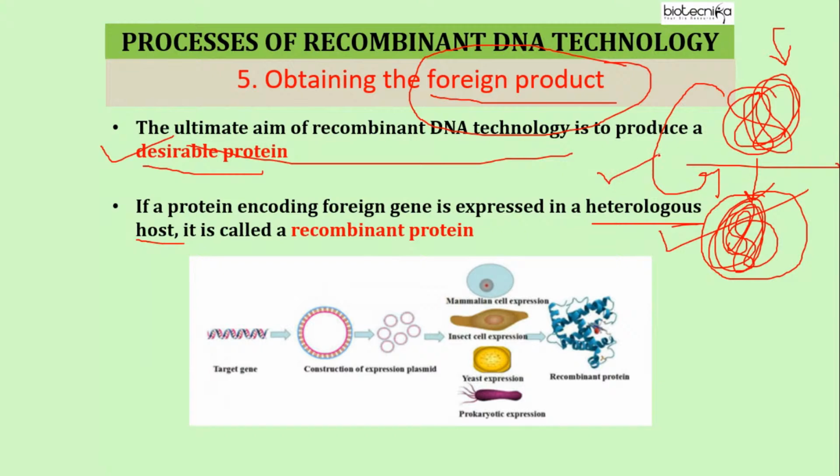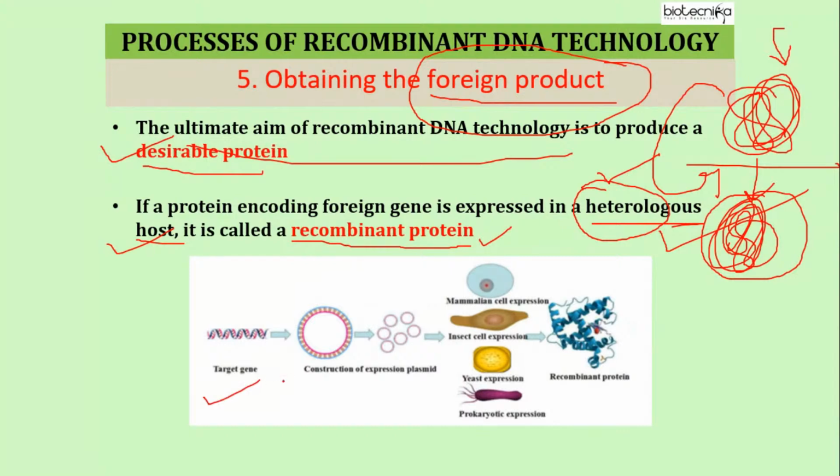Heterologous means that this gene is not present in the host, but we are introducing it from outside. That is why it is called hetero, meaning a different host. Now it will make the recombinant protein. Whenever this host expresses its DNA, it will make this protein also.